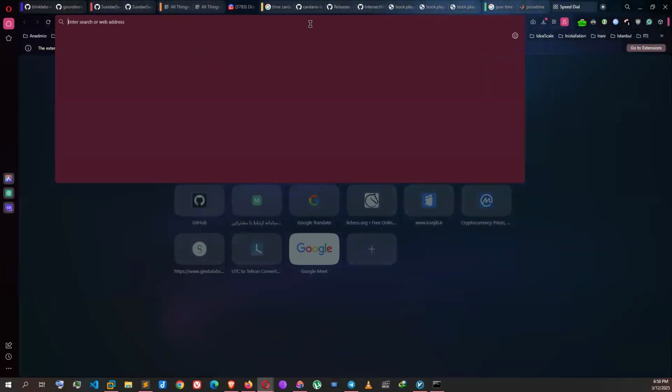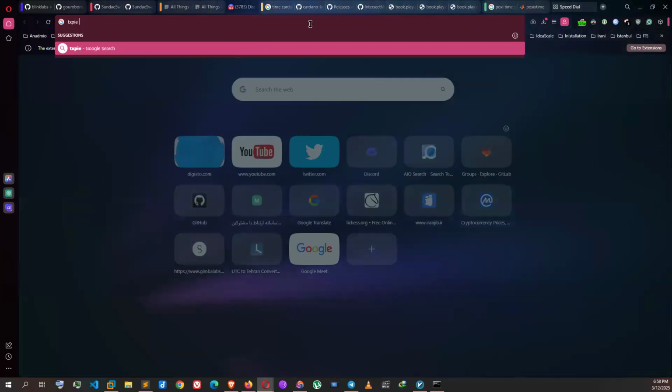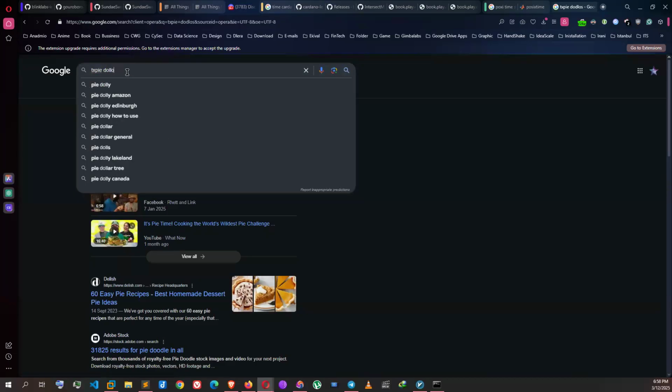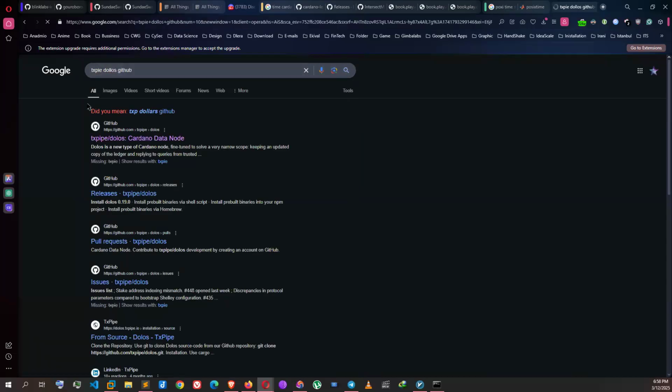For example, in TX pipe, Dolos on GitHub is the node.